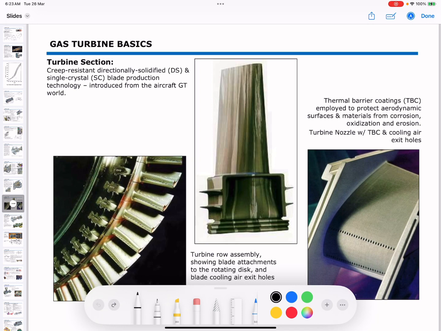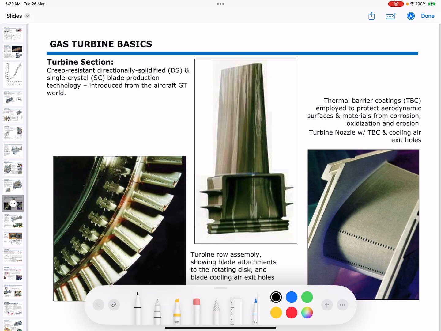A turbine row assembly comprises turbine blades, nozzles, and associated components arranged in a sequential fashion within a gas turbine. It forms a critical section where energy extracted from high temperature gases drives the turbine to produce mechanical power.